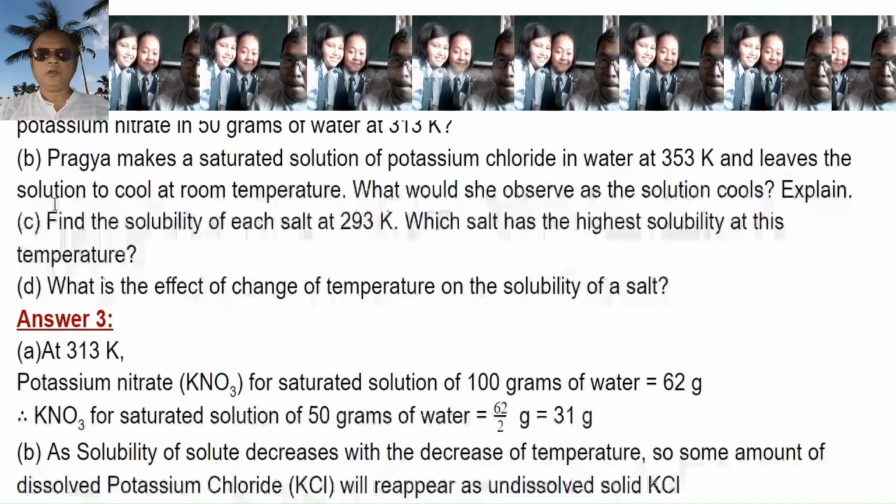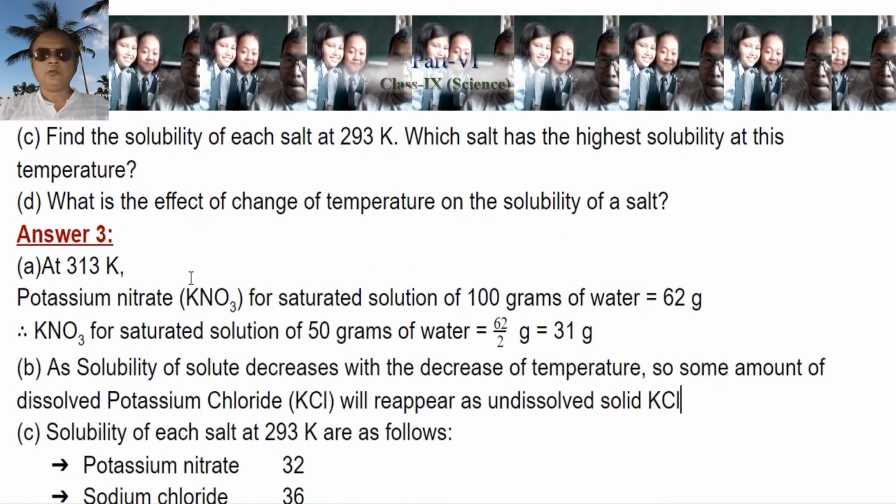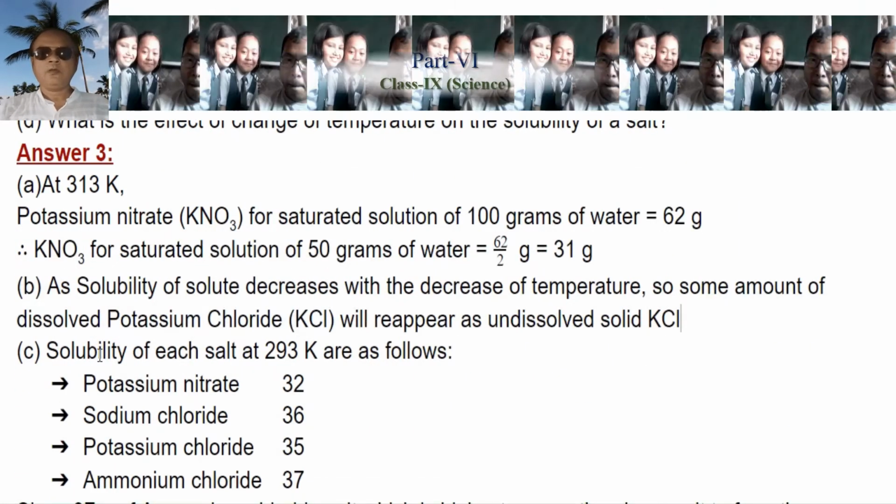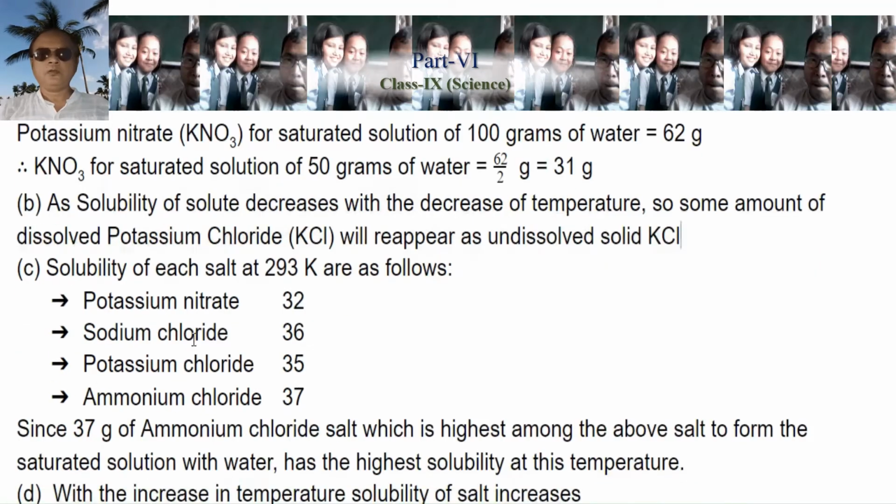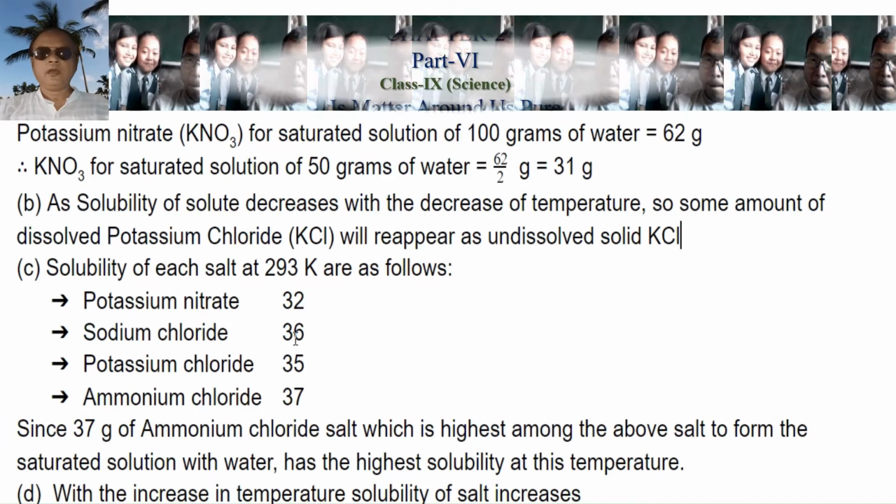Now part C. Find the solubility of each salt at 293 Kelvin. Which salt has the highest solubility at this temperature? So at 293 Kelvin, potassium nitrate, maximum we can add to 100 grams of water is 32. Sodium chloride we can add maximum 36 in 100 grams.